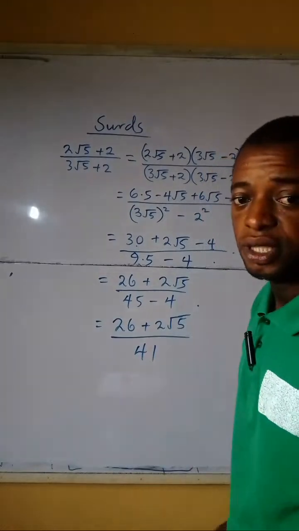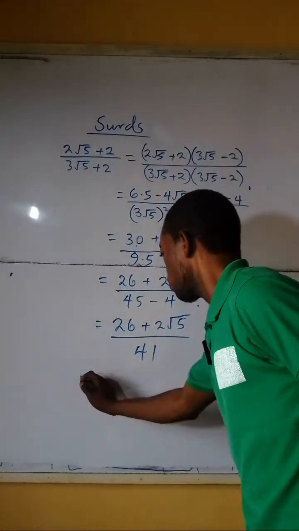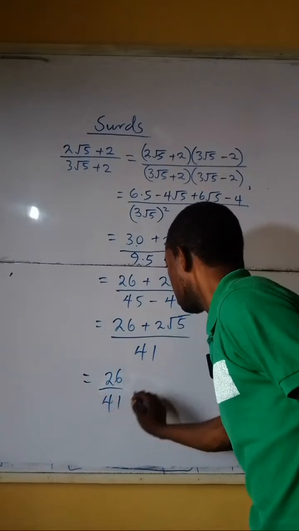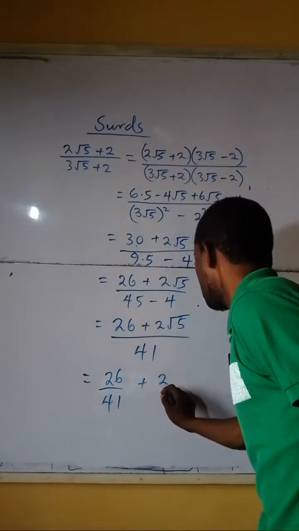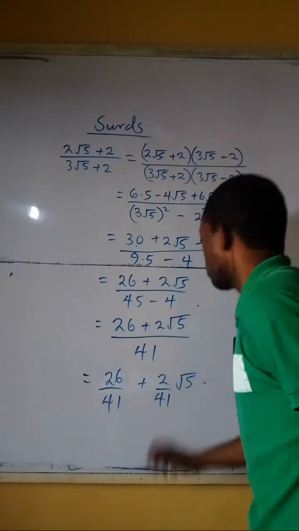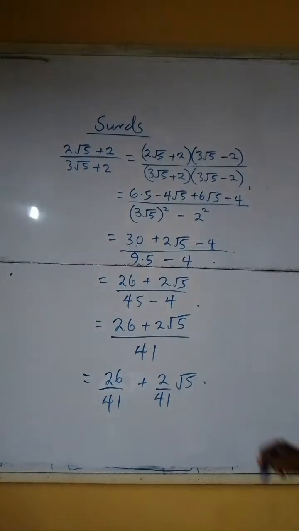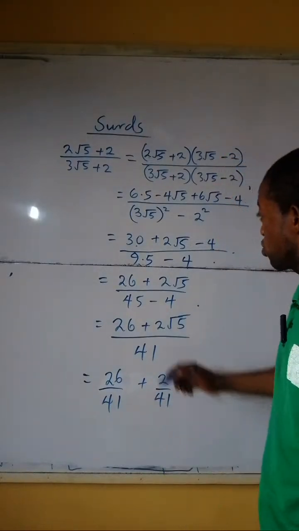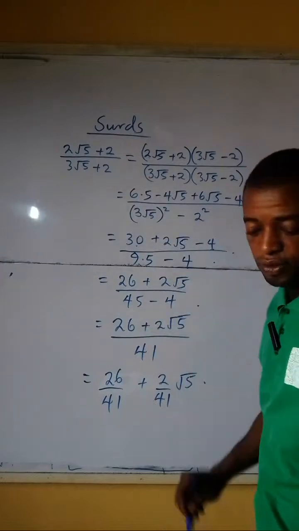So here we have the solution. Of course, we can as well write it as 26 over 41 plus 2 over 41 root 5. This is another way of writing it when we separate it into two fractions. Therefore, the solution to this surd is given as this.